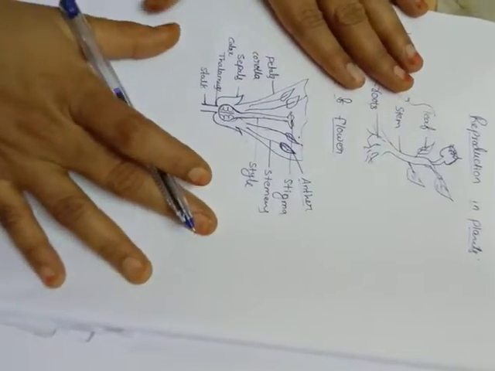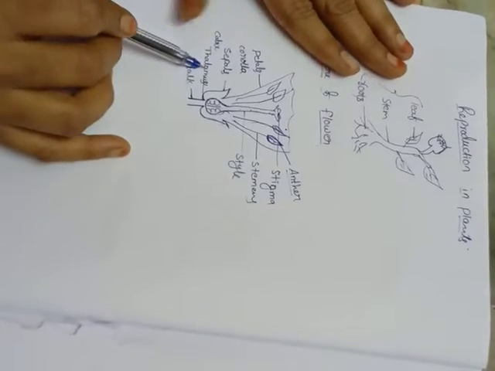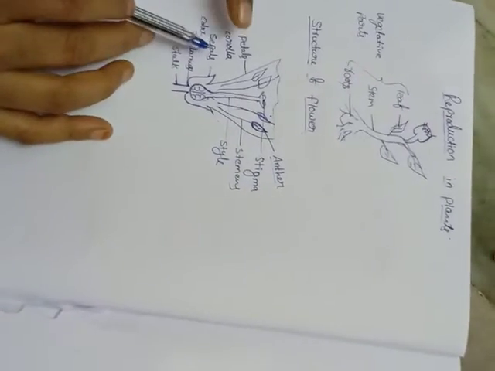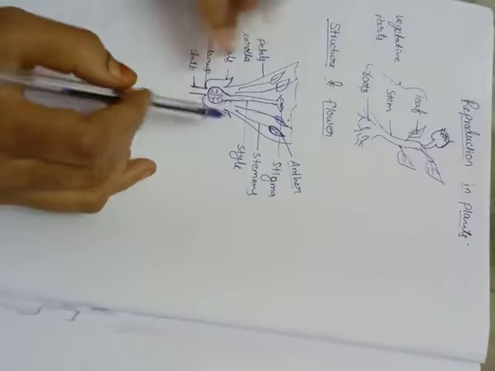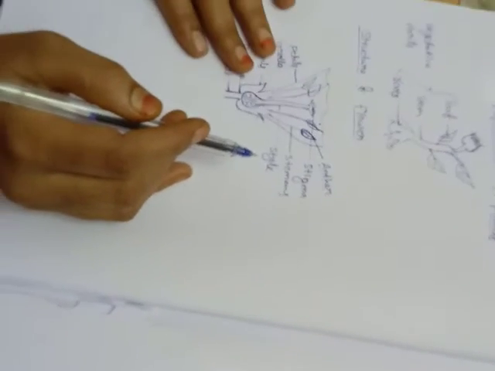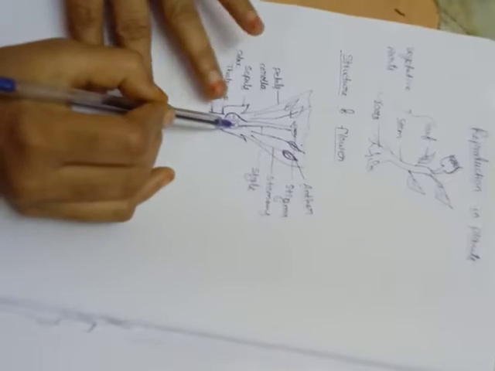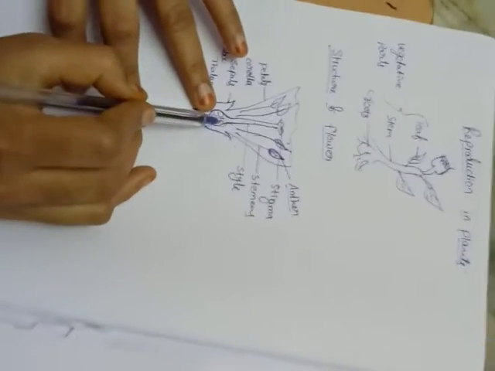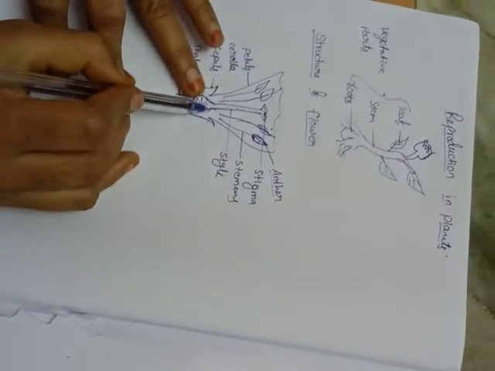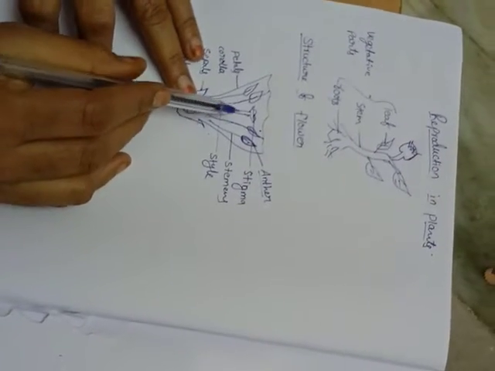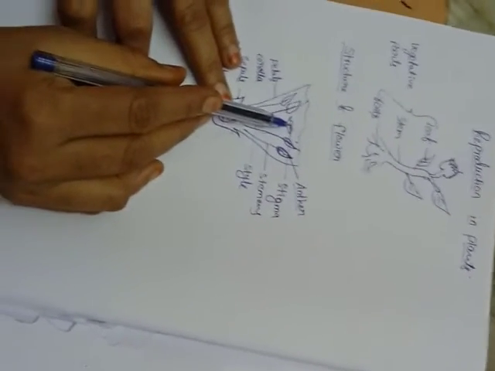How many parts do we know? Stalk, thalamus, sepals, petals. These are the outermost parts of the flower. The inner part, the bulb-like structure, is called gynoecium. Gynoecium has ovary and ovules. This gynoecium is attached to a long tube that ends with the stigma.